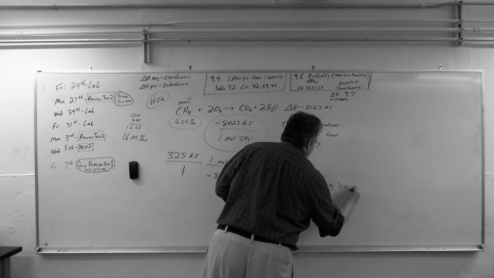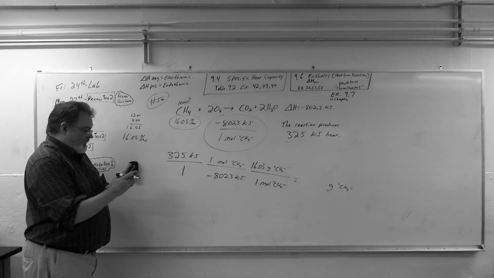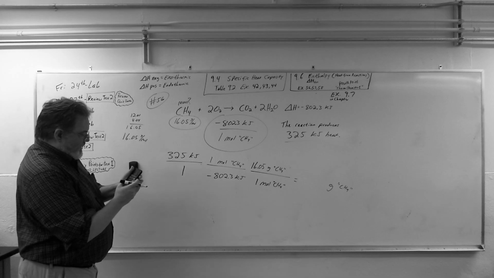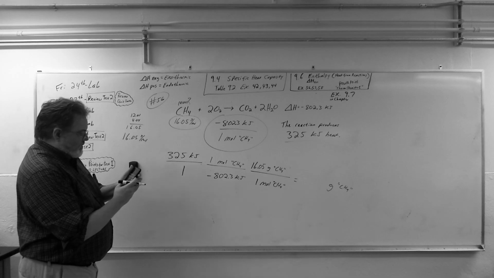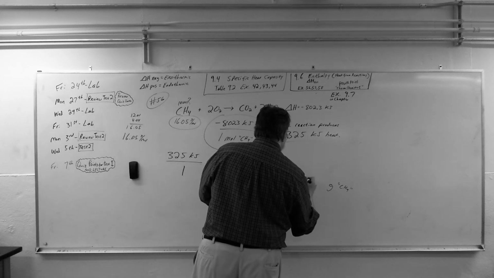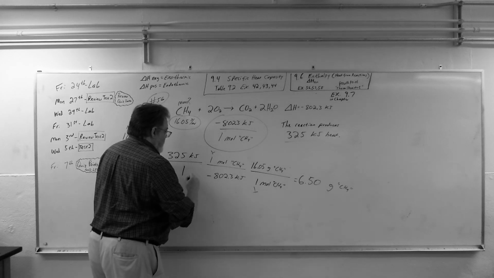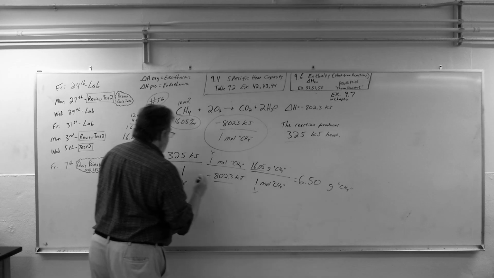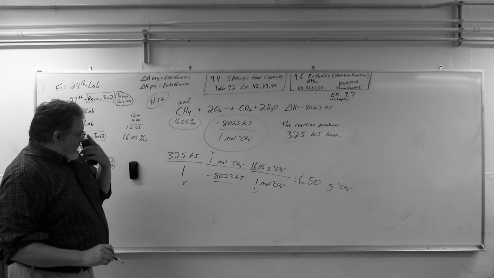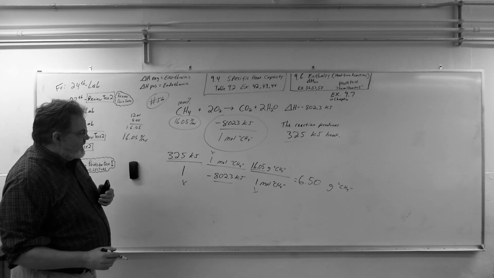Let's see. I get 325 times 16.05 divided by 802.3. 6.5 grams. Exact, 4 significant figures, 3. So it stopped at 3. What else to say there? I guess that's the answer to this one.